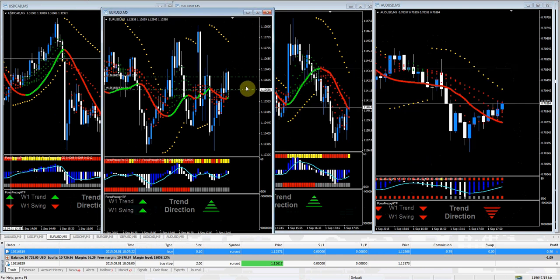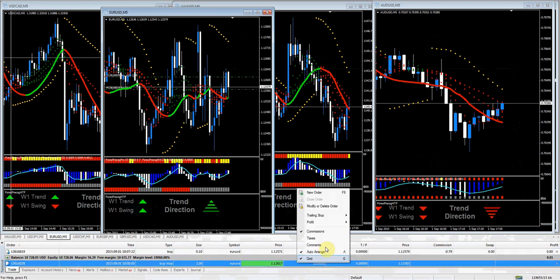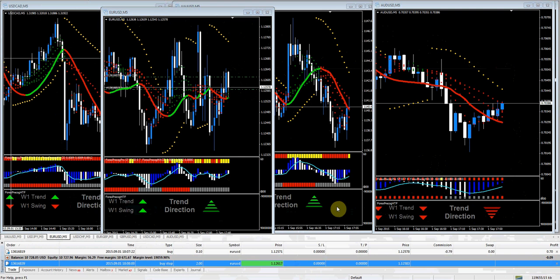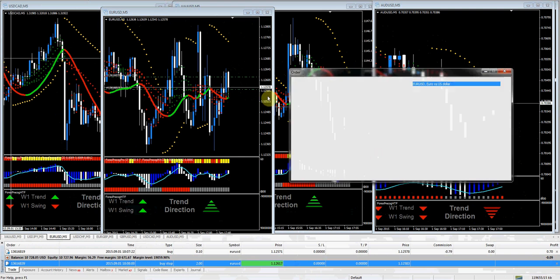Alright, and as you can see, the market has pulled back some, so I'm going to alter this, hopefully. Alright, 259. See if we can get in at 259.